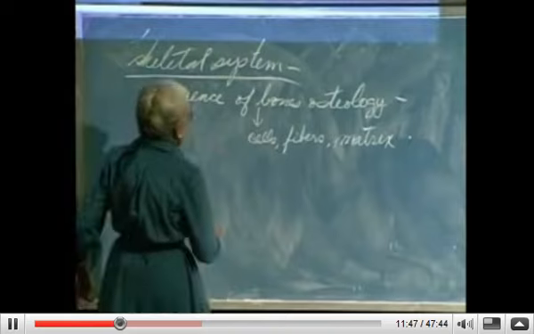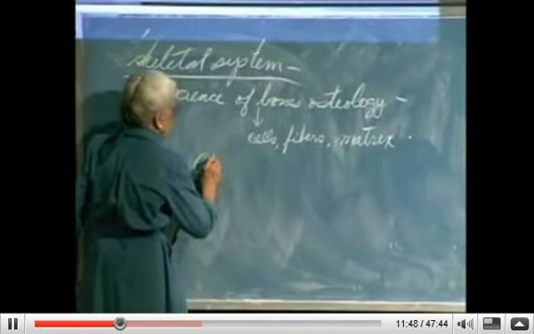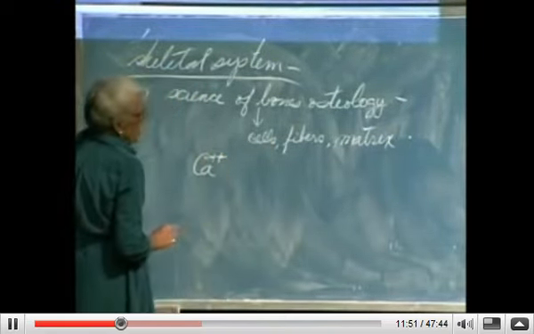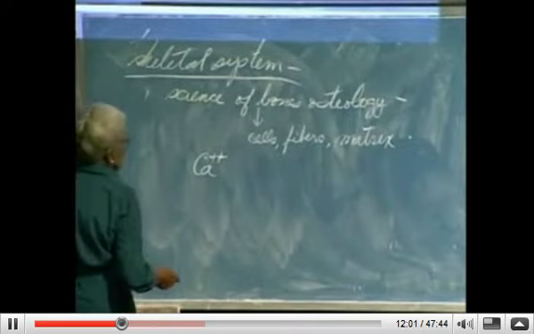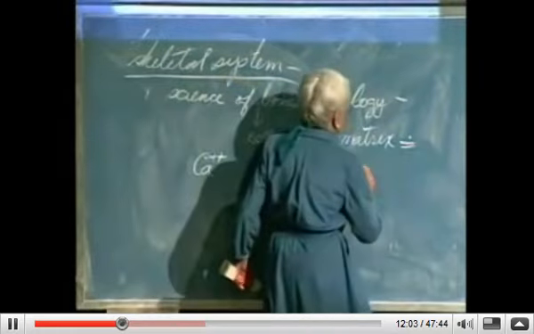What makes the matrix differ from other tissues? It has calcium in it, right? So the matrix has calcium. The compound which forms the matrix is called a hydroxyapatite. The matrix equals a hydroxyapatite.